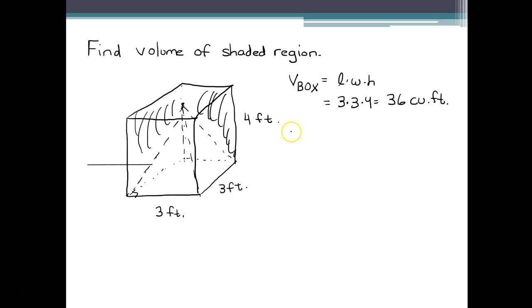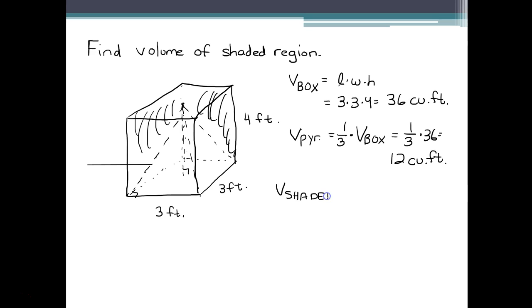And then since the pyramid has the same height as the box and has the same base as the box, it's going to be 1/3 the volume of the box. So that's 1/3 times 36, or 12 cubic feet. And then the volume of the shaded region is the box minus that pyramid.